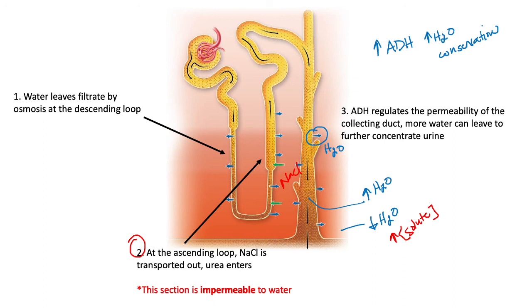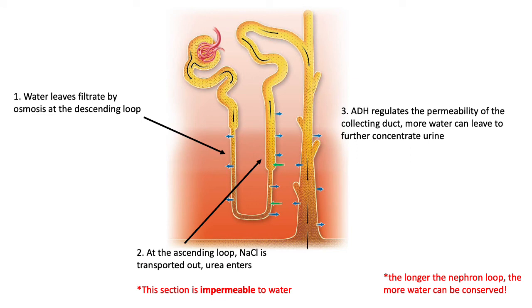I also want to point out that the longer our nephron loops are, the more water that can be conserved. So if we have pretty shallow loops, our bodies won't be able to conserve that much water. The longer the loop, the more time basically we can allow for water to leave the nephron, which can further concentrate our urine.